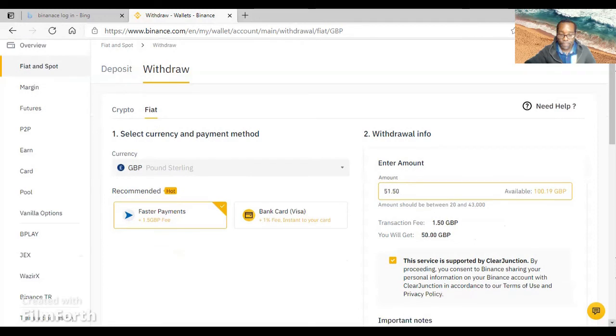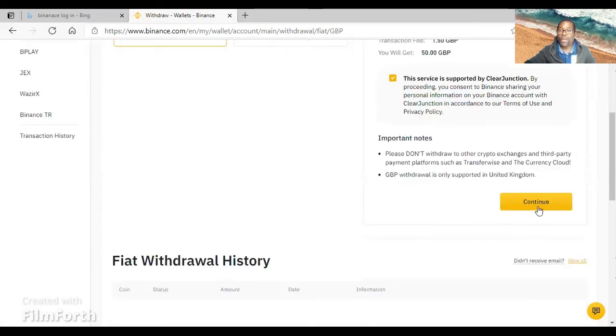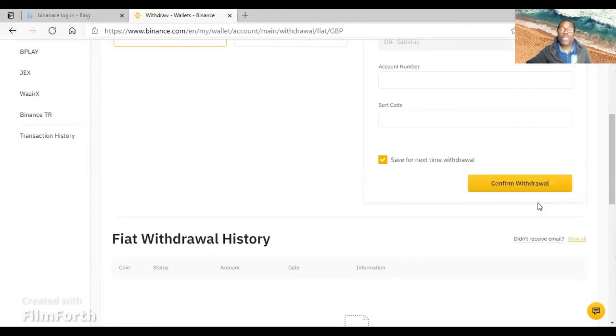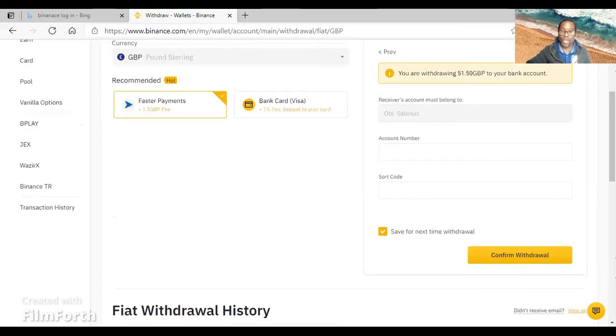You see. So if you continue now, you just have to put your details and then confirm, and that's it. Because I'm not doing a real withdrawal, I'm just demonstrating, I will not continue from there. But with this, you can see that it is doable.